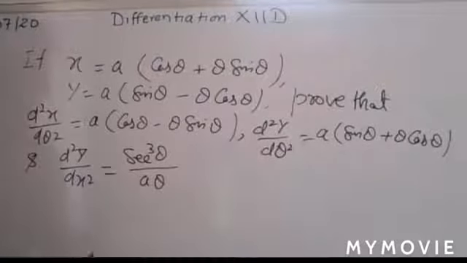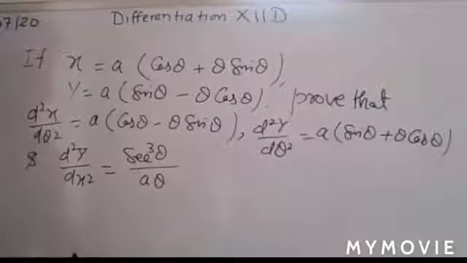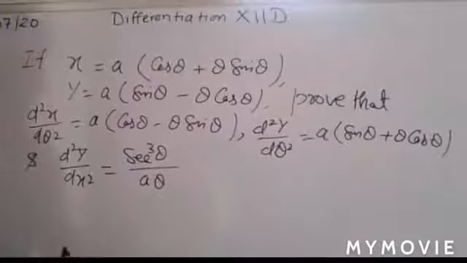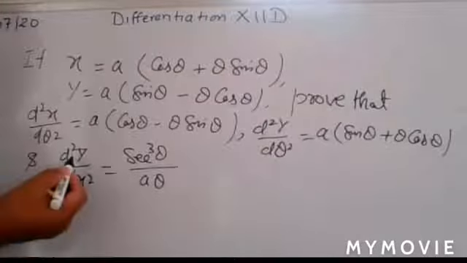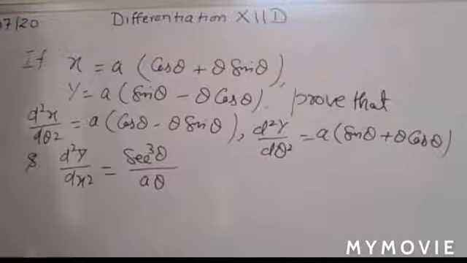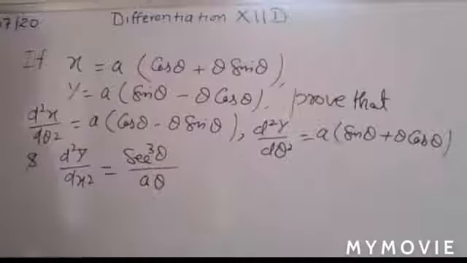Understand? Find the value of dy by dx, then differentiate it again. Then you have the value of d2y by dx2. Otherwise, your answer is incorrect.